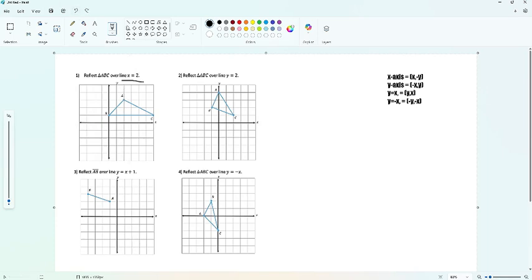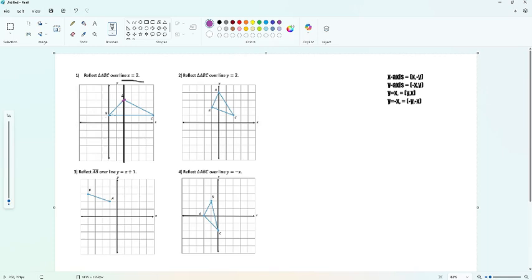Bad example. x equals negative 2 is right here. I can see that A is on the line. What we know about reflections is if it's on the line, it's going to be the same. So we plot right here.